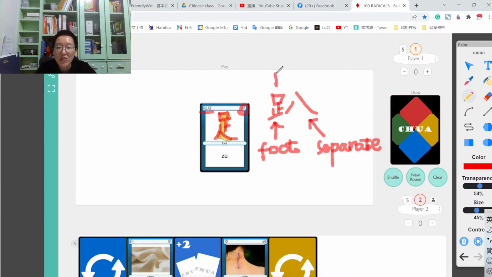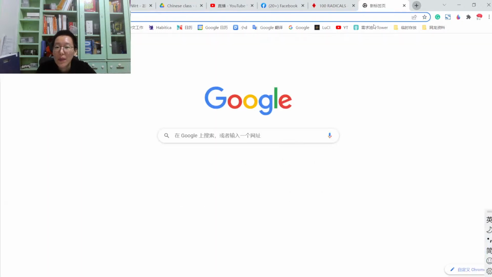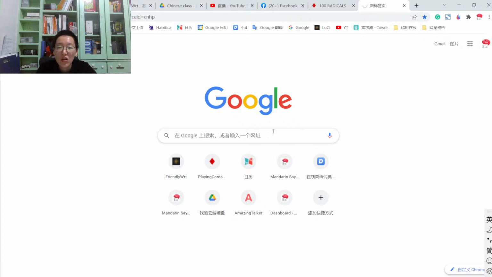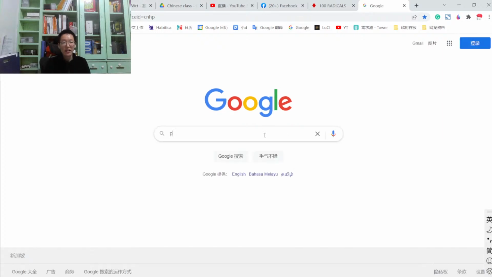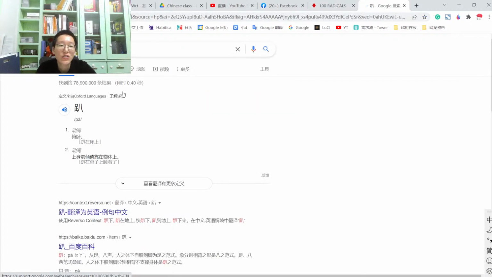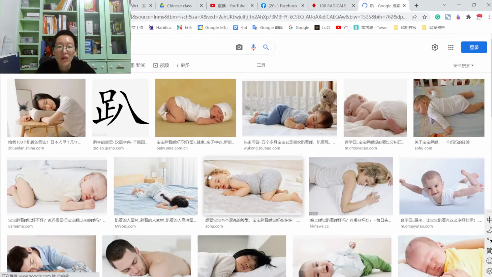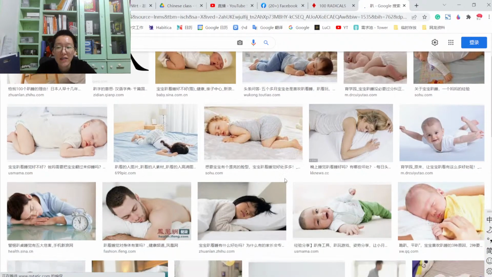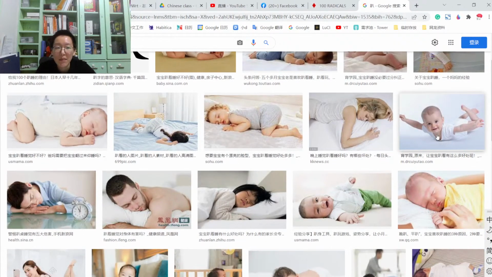So this character we pronounce 啪. What does that mean? You can also search here. For example, 啪. Find this character and use the picture. You will find, okay, we call it 啪.